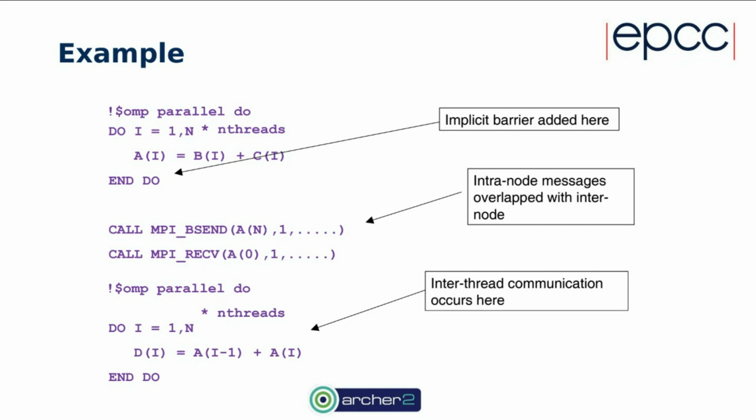So each MPI process is now handling more data, and then that's divided up between the threads. So basically, just increase the data size and then parallelize each of the loops.